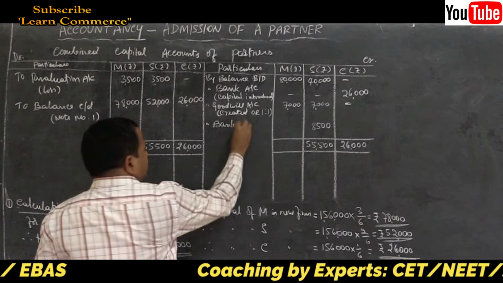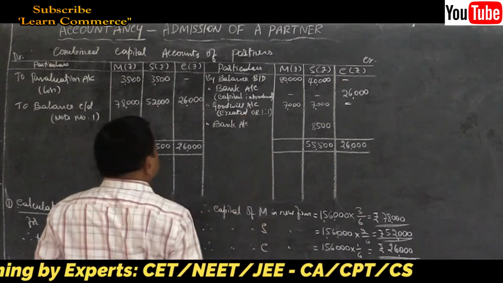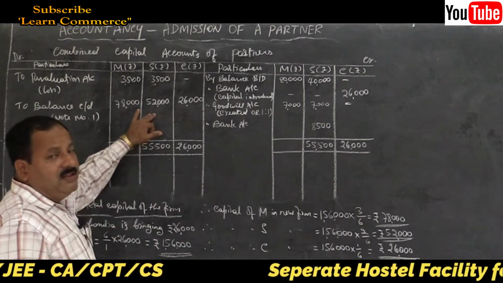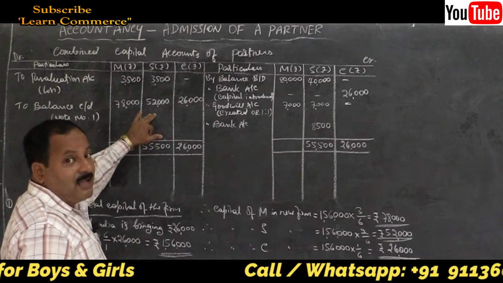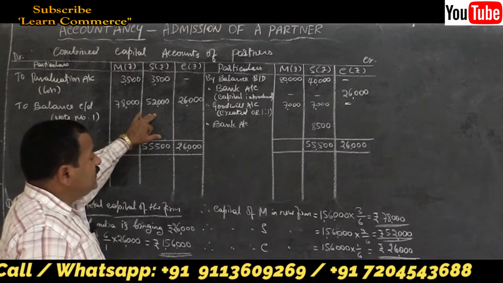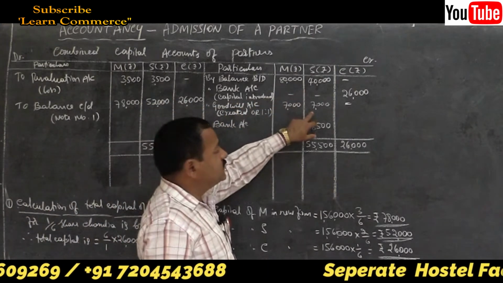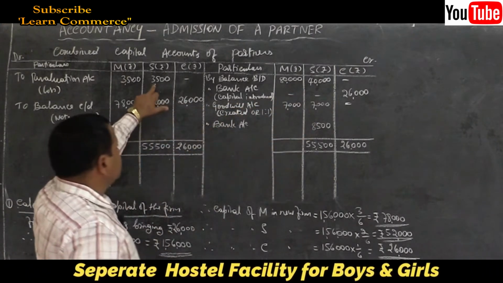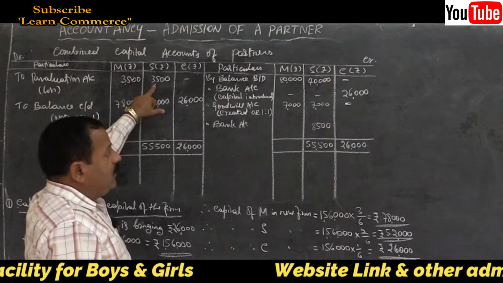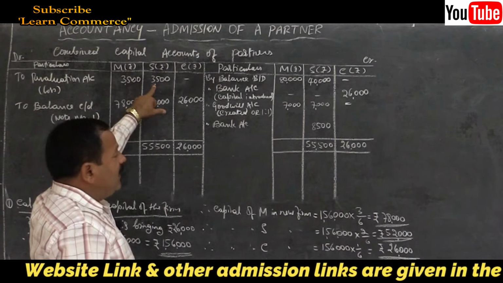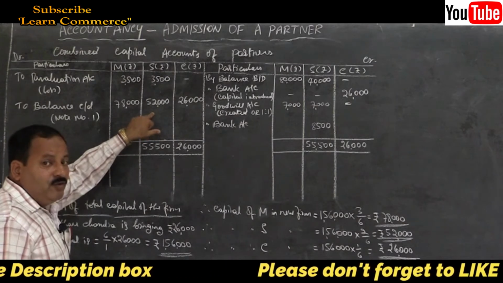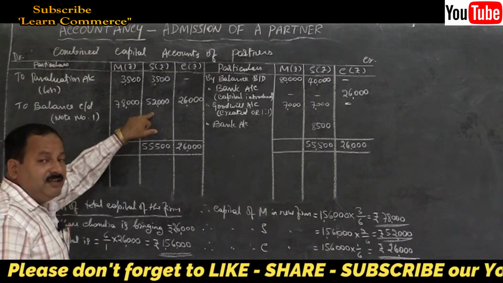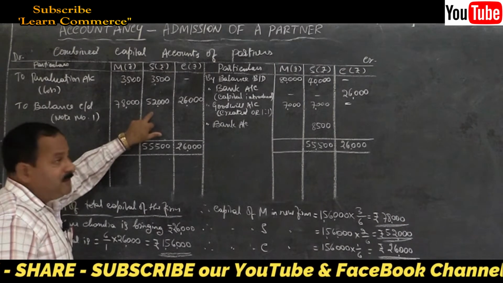The meaning is that there is no sufficient balance in Surendra's capital account. If you see, the balance is 47,000 on the credit side and there is a debit entry of 3,500, so the ultimate balance will be less than the balance that should have been maintained. What should be the balance in the new firm? 52,000, but it is less than that.